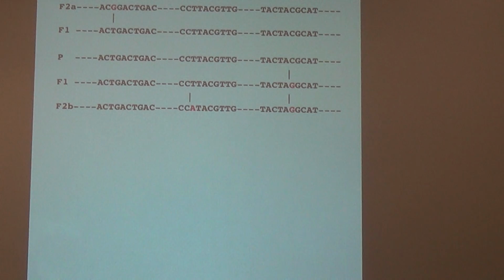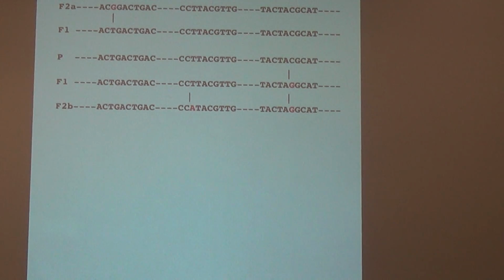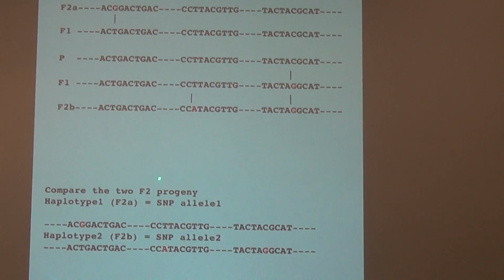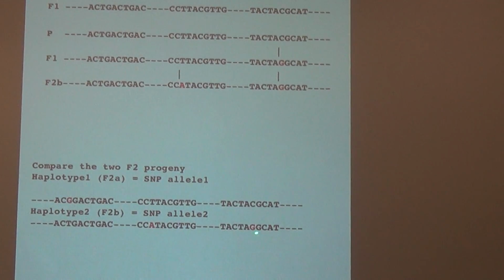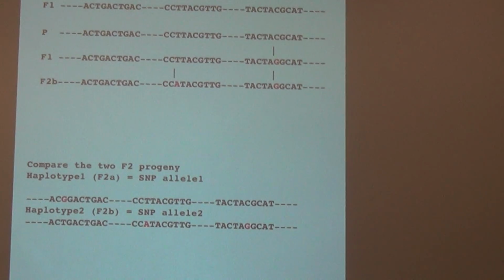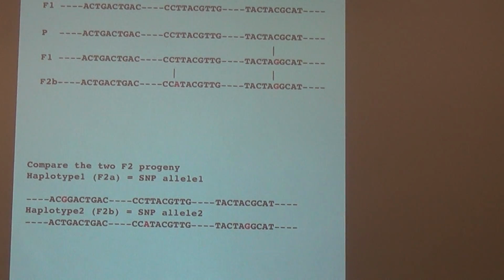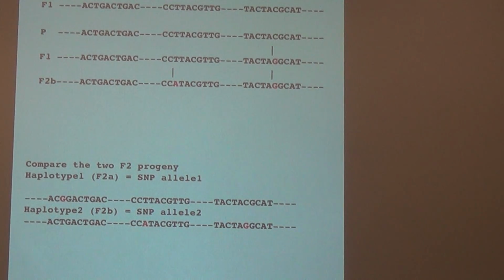And so you can determine relationships between individuals in a pedigree using these sequences and these SNPs. So you compare the two F2s, this F2 with this F2, and you can see that there are 3 differences that are repeated. And so on. So you can basically determine the relationship of these different individuals. And that's how you determine relationships.